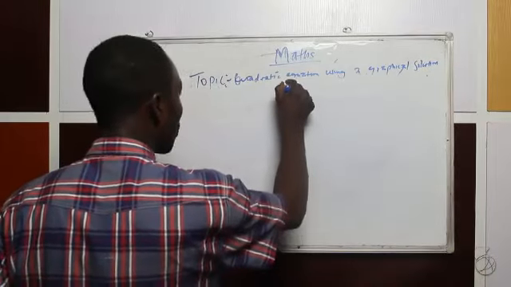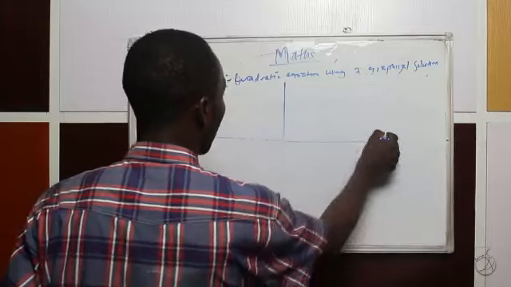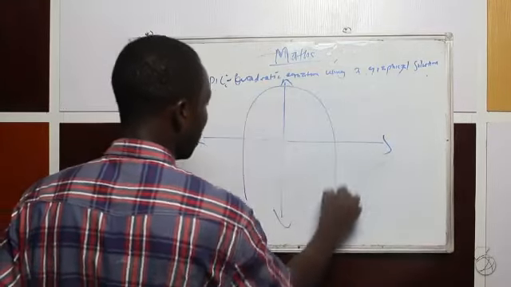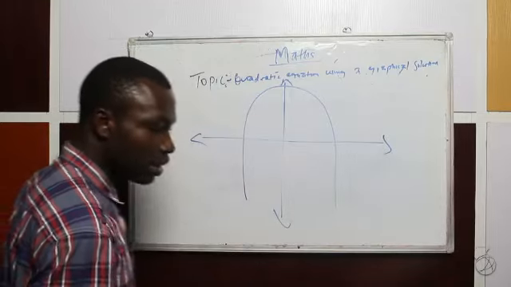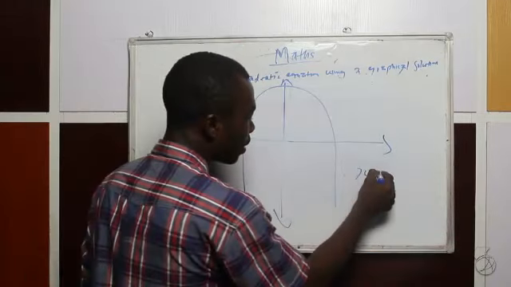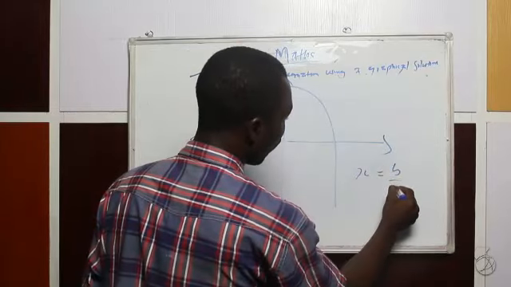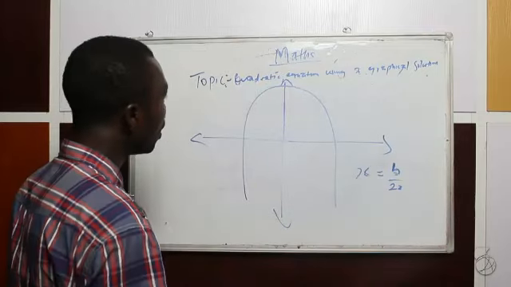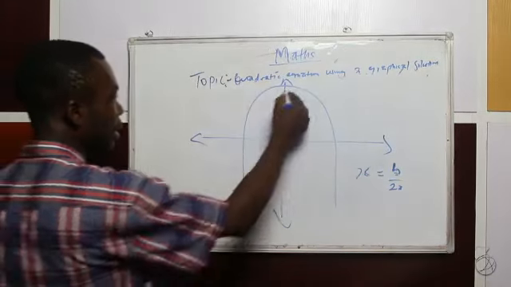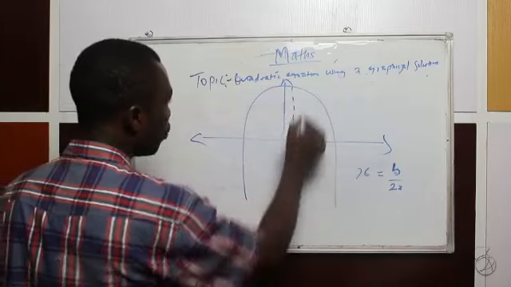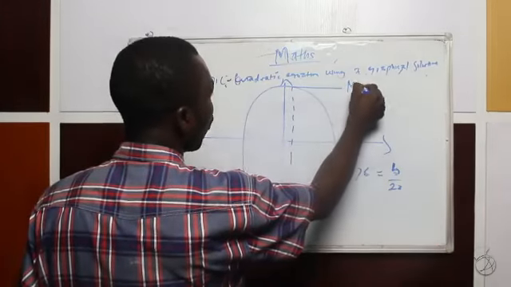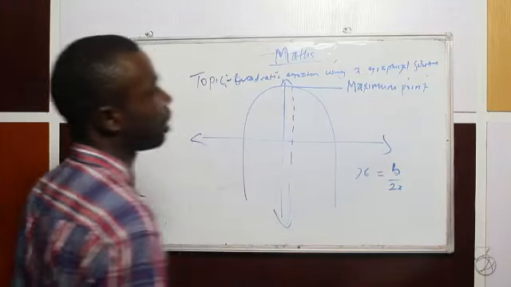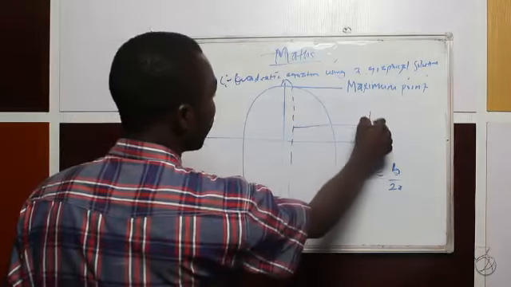Now, if the shape of the graph is like this, an N-shape, then our x is equal to b over 2a. Now, our line of symmetry is this, which means this one is showing a maximum point. So this is called the line of symmetry.